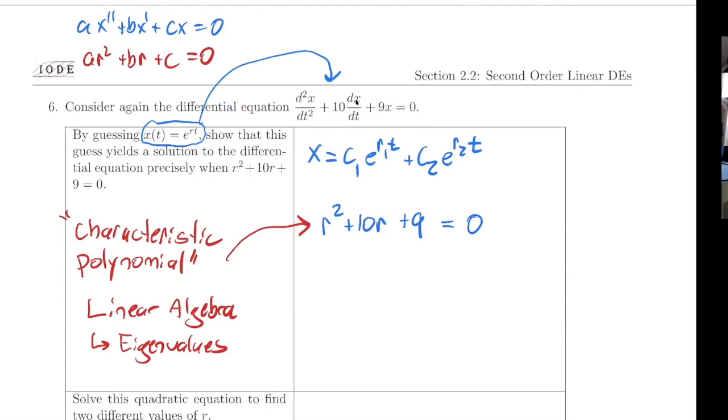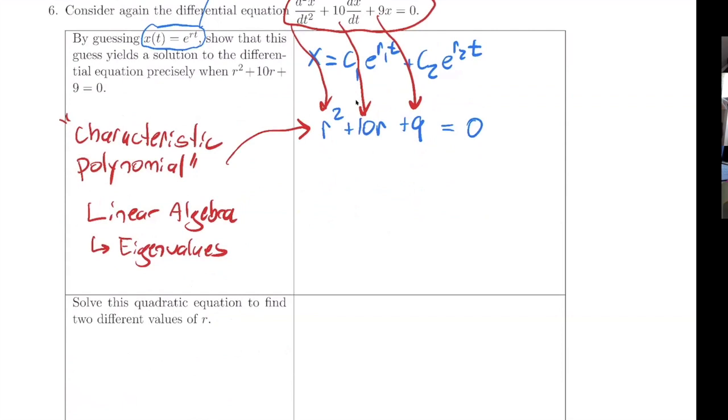So you'll see some linear algebra spill over into this, and we'll see why this is the same characteristic equation that you might have seen in linear algebra. But that's not important for now. What's important is that I take this differential equation and read off each of the coefficients, and that sets up my quadratic equation.